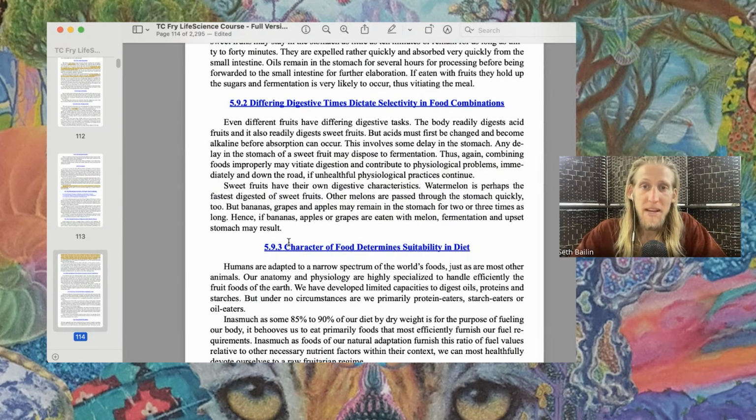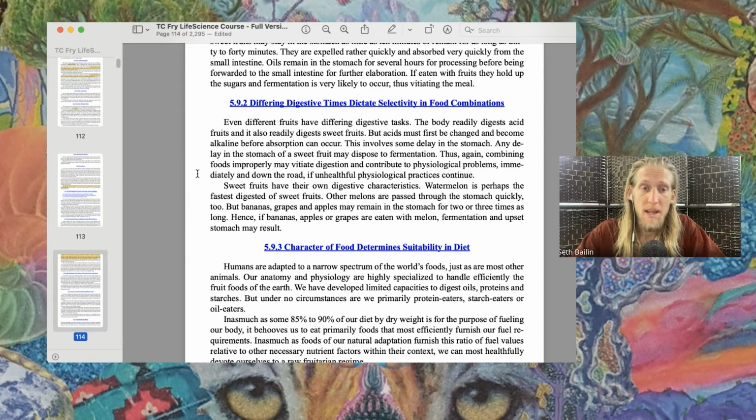And digestion speed is a big thing about food combining. You don't want to eat two different foods with differing digestion times. So watermelon, which digests very, very quickly, leaves the stomach within minutes. And if you eat that with, I don't know, let's say an avocado or cheese or something, very much slower digestion time, those two things are going to conflict.